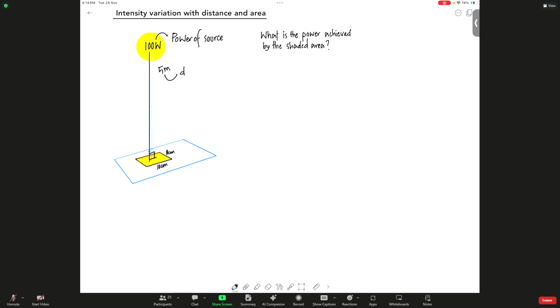There are two equations for intensity. One is intensity equals power divided by 4 pi d square. The other one is intensity equals power by area.